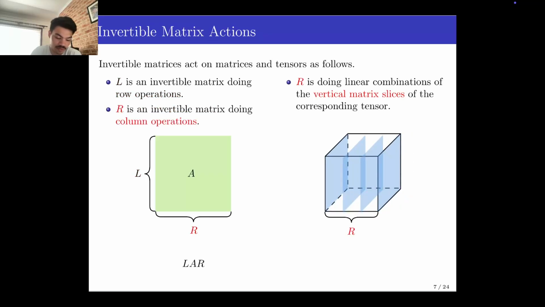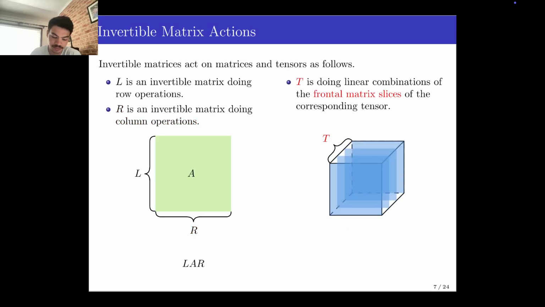And similarly, we'll have an R multiplying on the right, which will do column operations, but R multiplying on the right here will do operations on these vertical matrix slices. And we also have this implicit third direction of T, which will do linear combinations on these frontal matrix slices here.